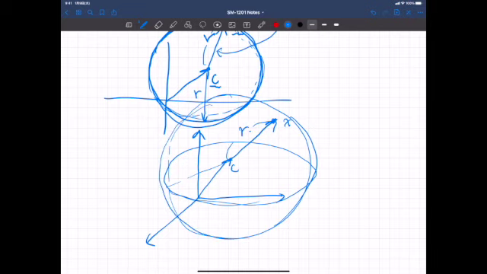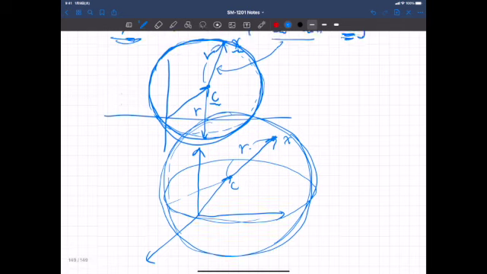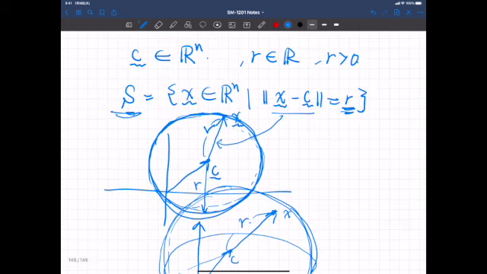So this set represents a sphere, the surface of a sphere. And the same is true for higher dimensional space, although we cannot visualize it. But actually, this is the definition of the surface of a sphere in higher dimensional space. We just used analogy based on two-dimensional space or three-dimensional space.